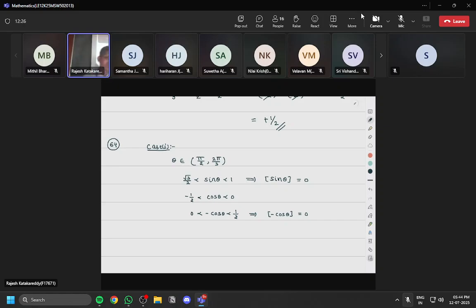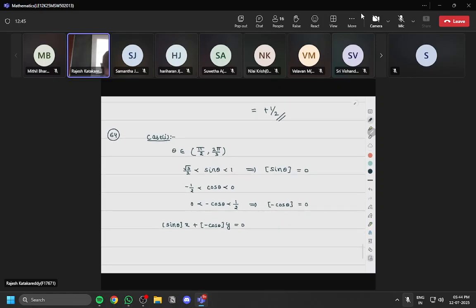Right? So in this case, if I'm substituting in equation 1, that is the greatest integer of sine theta into x plus the greatest integer of minus cos theta into y must be equal to 0. Now the second equation, I say that the greatest integer of cot theta plus y is equal to 0.